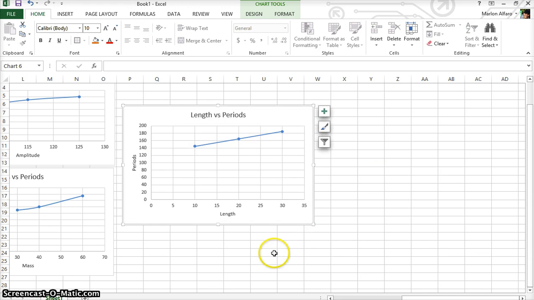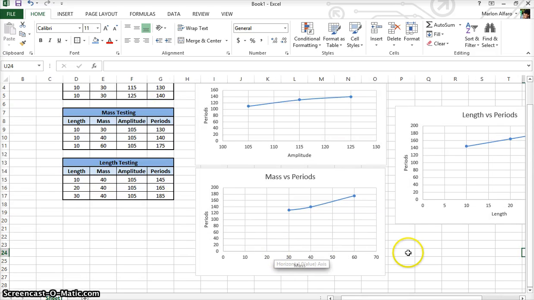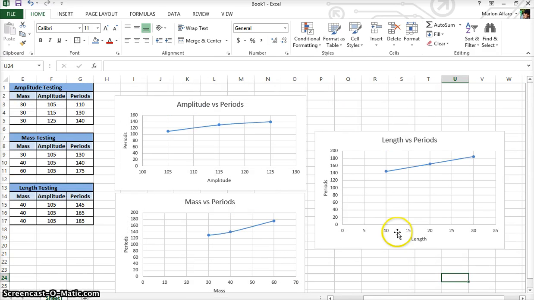Again, the importance of these graphs, and this is why I wanted you guys to do graphs, is because you can easily see the relationship between what we're testing and the outcome. For instance, like I mentioned before, over here you can see that as amplitude is increasing, periods are increasing.